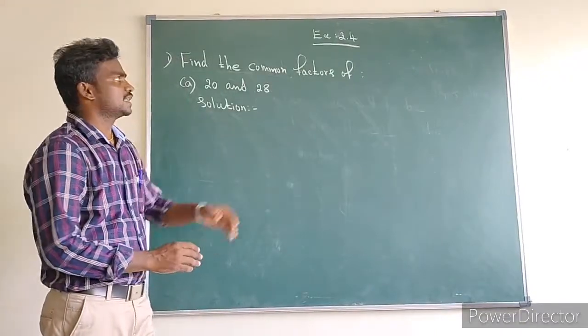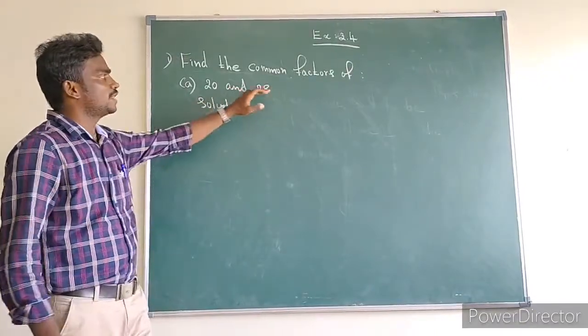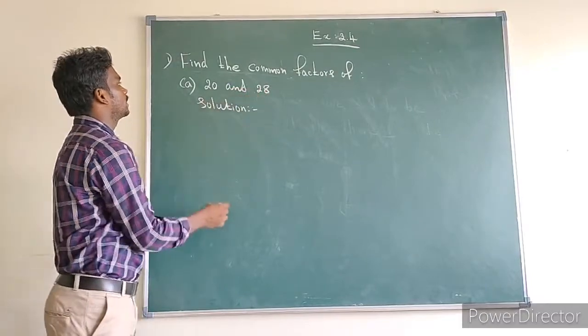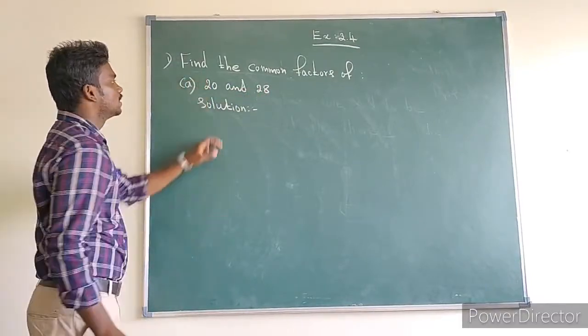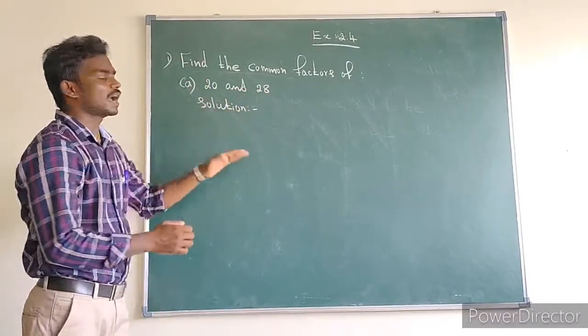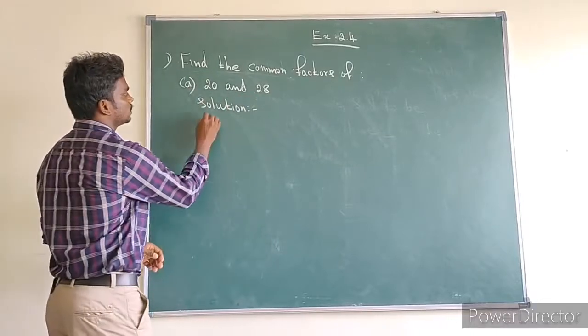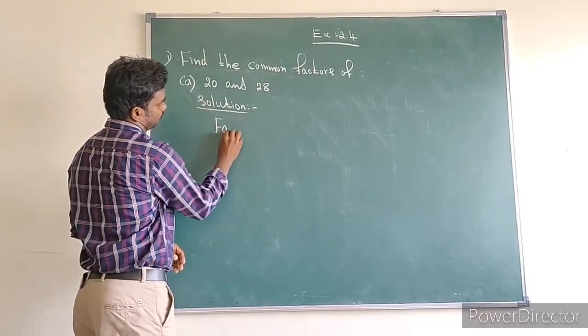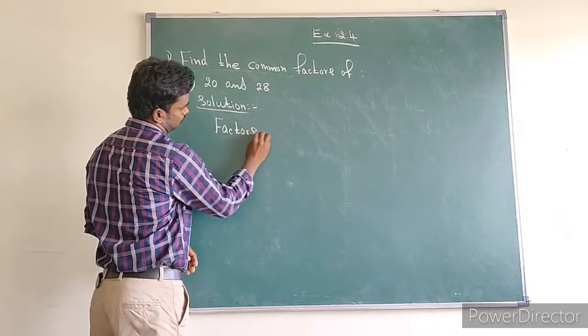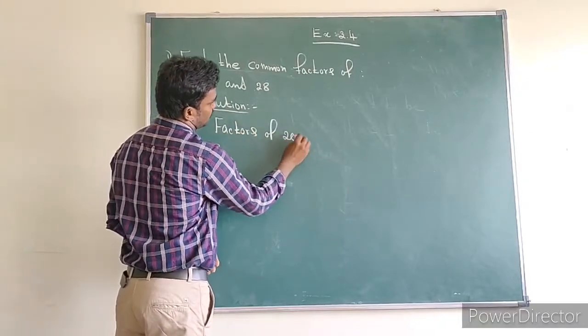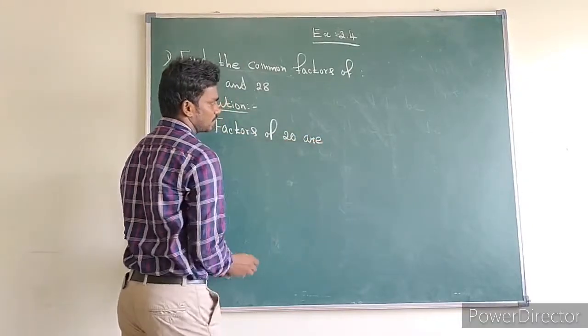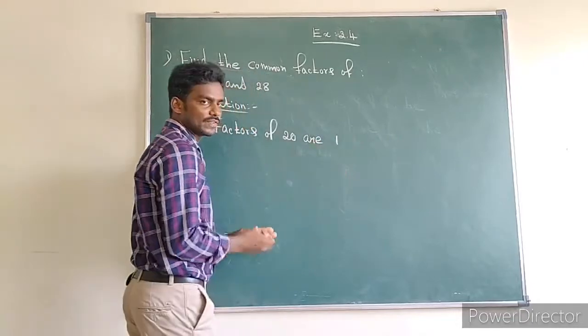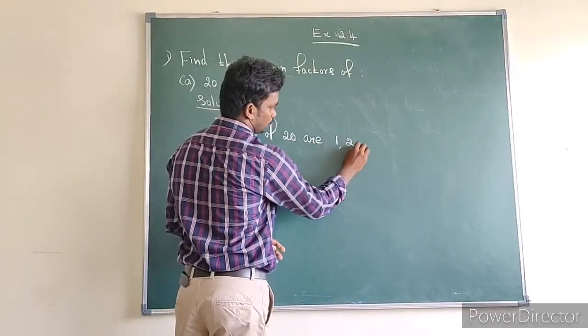So let's see our exercise 3.4. First question: find the common factors of 20 and 28. First pattern, A question: 20 and 28. We want to find the common factors of these two numbers. So first, what are the factors of 20? 1 is a factor of every number. Next, 2.